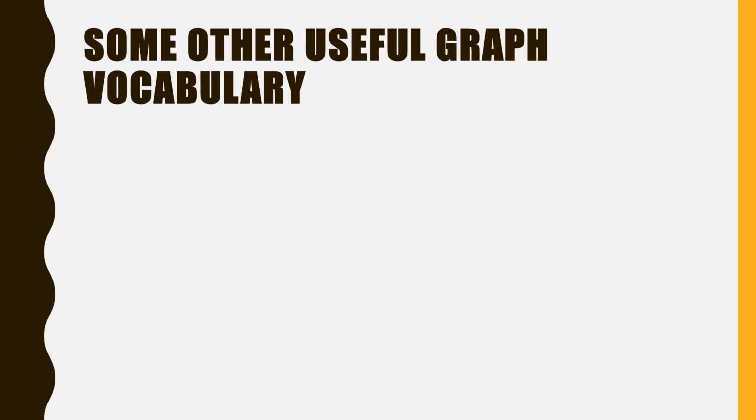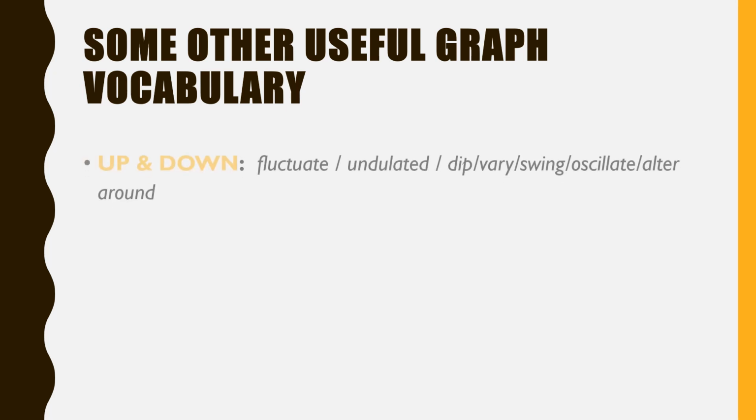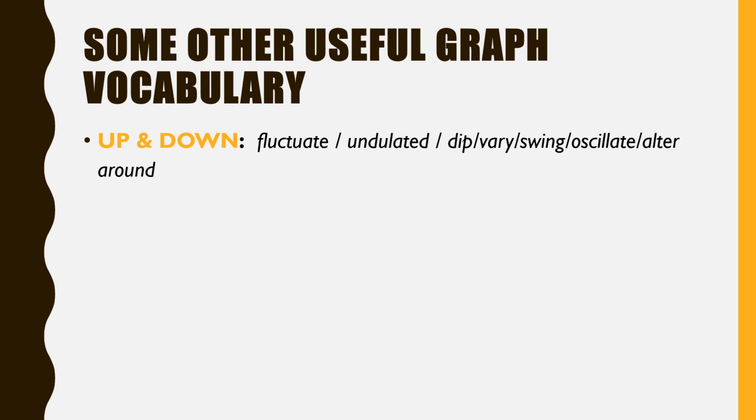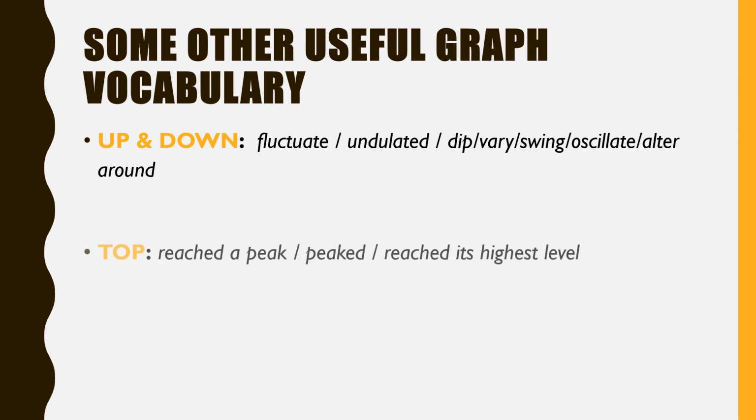Now, here we can see some other useful graph vocabulary. Sometimes the graph goes both upward and downward. That means it fluctuates. In that case, we can use words like fluctuate, undulate, dip, vary, swing, oscillate, or alter around.